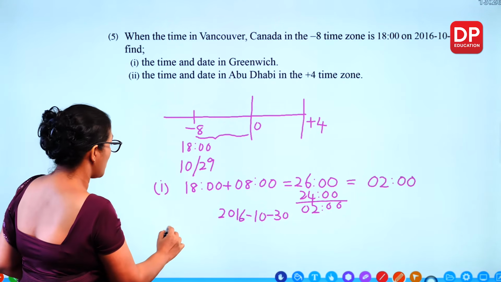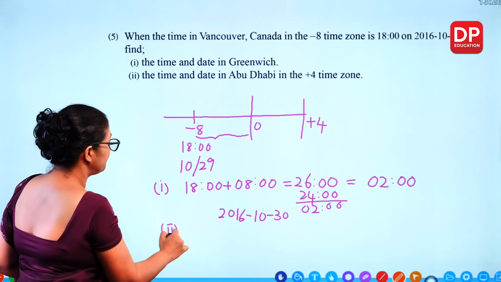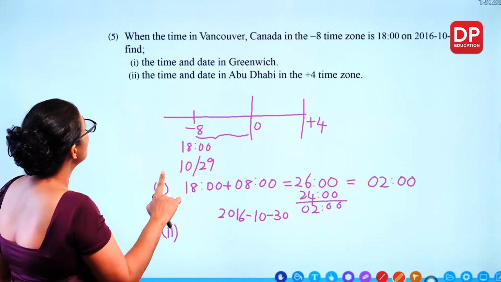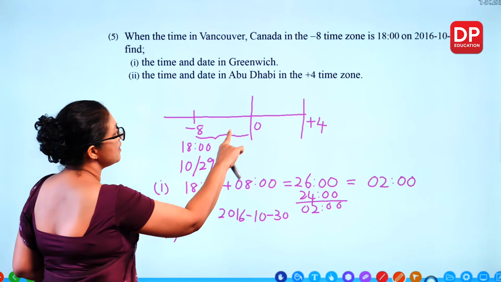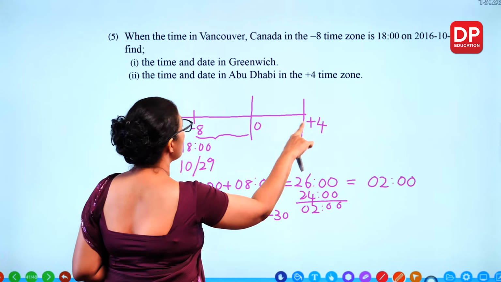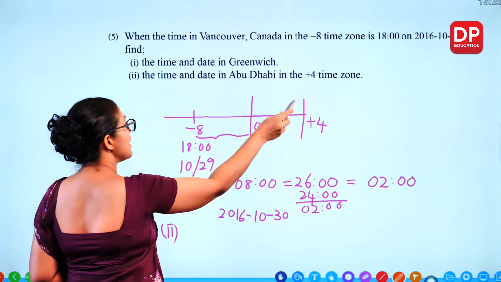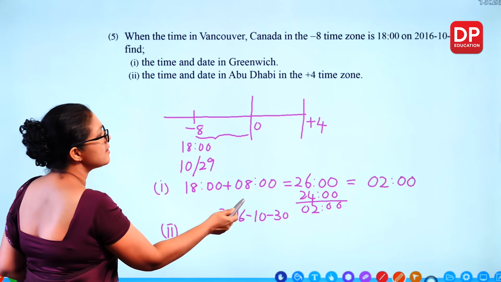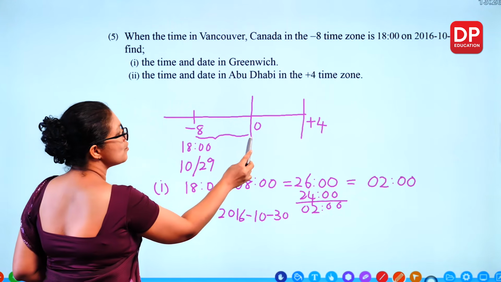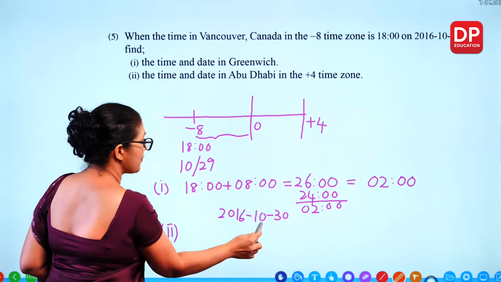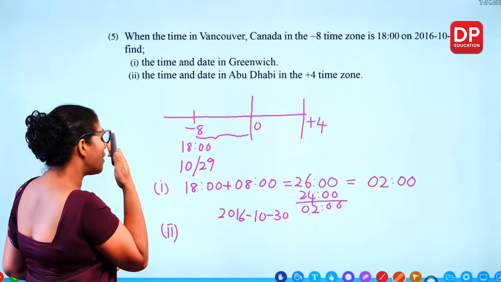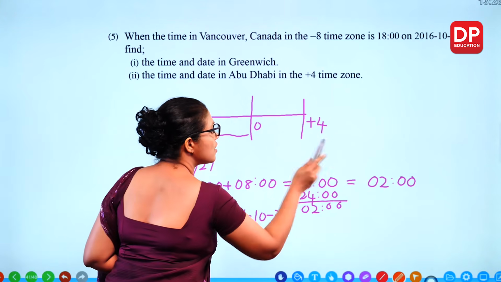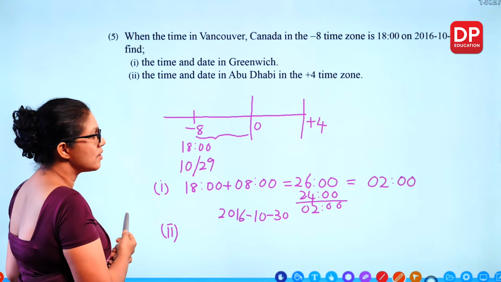And part 2. Now the time and date in Abu Dhabi. Another 4 hours, or altogether now here to here. We can do here to here from the previous part or starting from here. We'll do from this point. So 2016, October 30th at 2 in the morning.